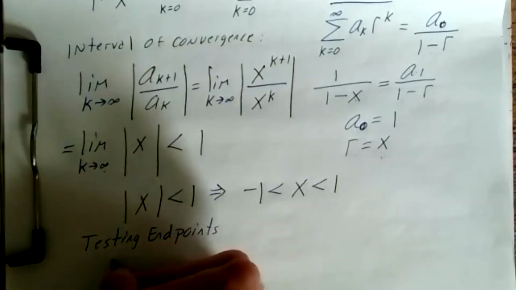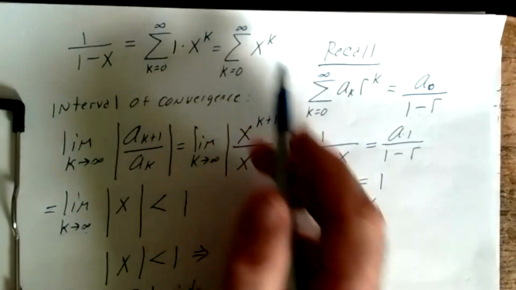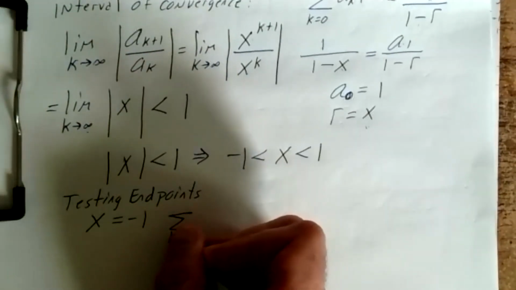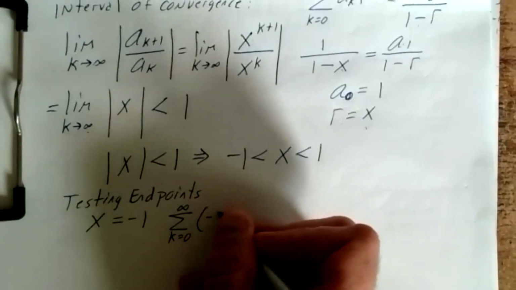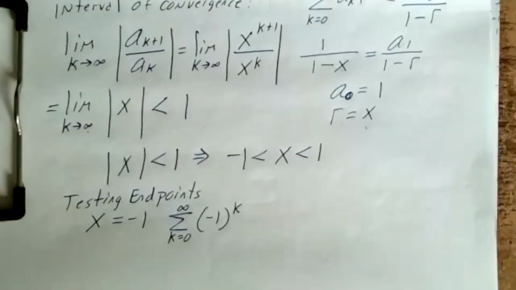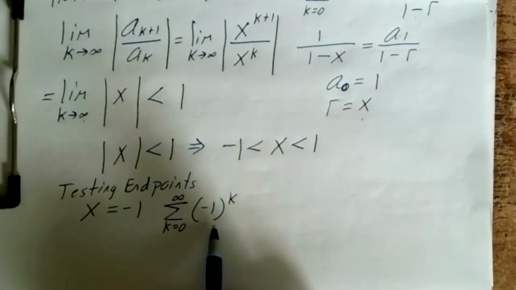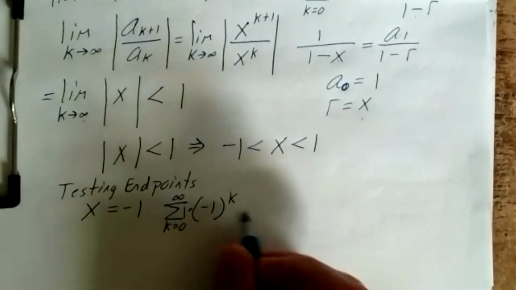So if I let x be equal to the left endpoint of this interval, -1, and I replace x up here with -1, then my power series would become the sum of -1 to the k power, which is an alternating series. 1 times -1 to the k power.